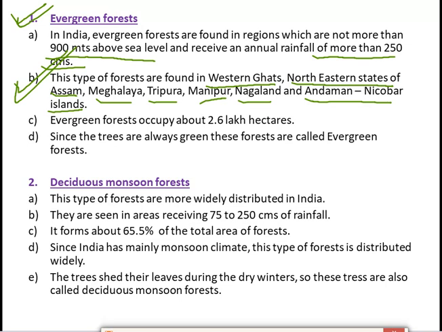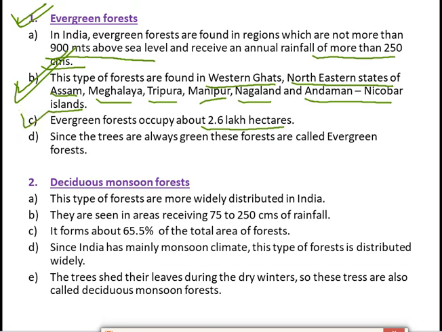At least two or three names you can remember, like Assam, Meghalaya, Tripura, Manipur, Nagaland. Evergreen forests occupy about 2.6 lakh hectares of land out of the total area covered by forest in India.